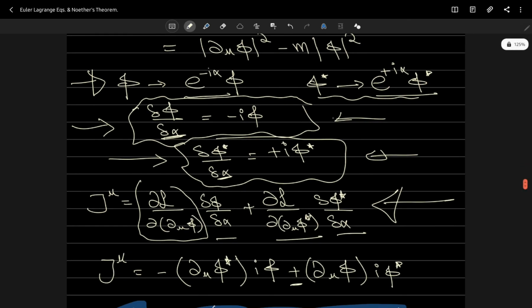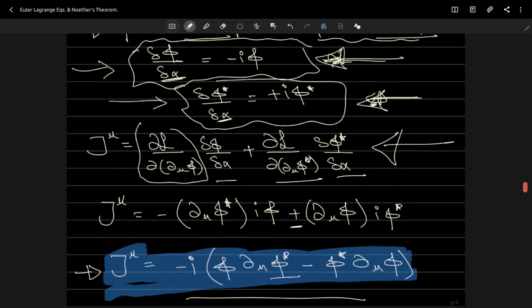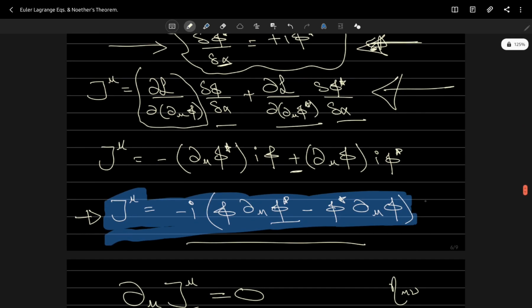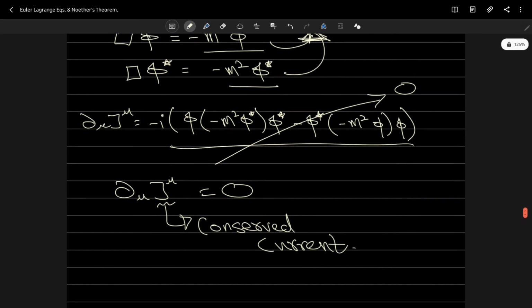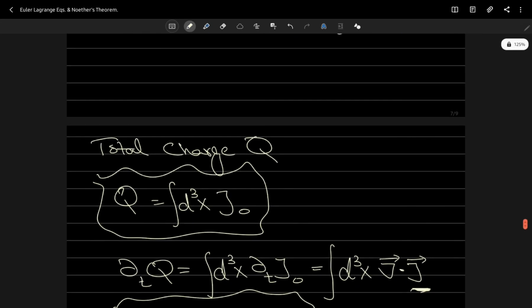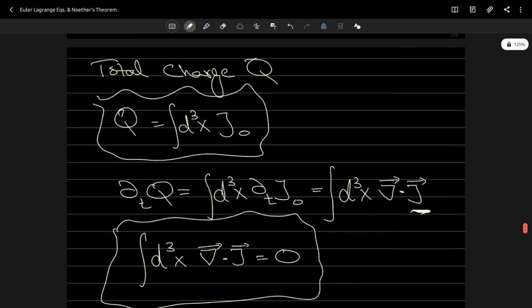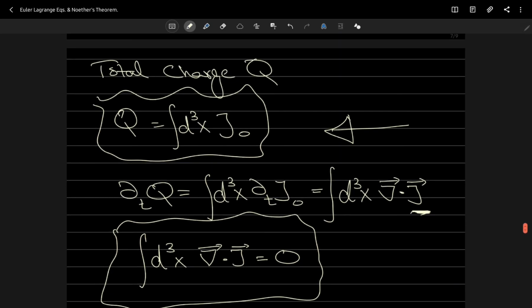Then we calculated the change in the fields, which is this thing, right? So the change in the fields was calculated, and after we were done, we computed the conserved current, and we went further to write down the conserved charge as well, right?